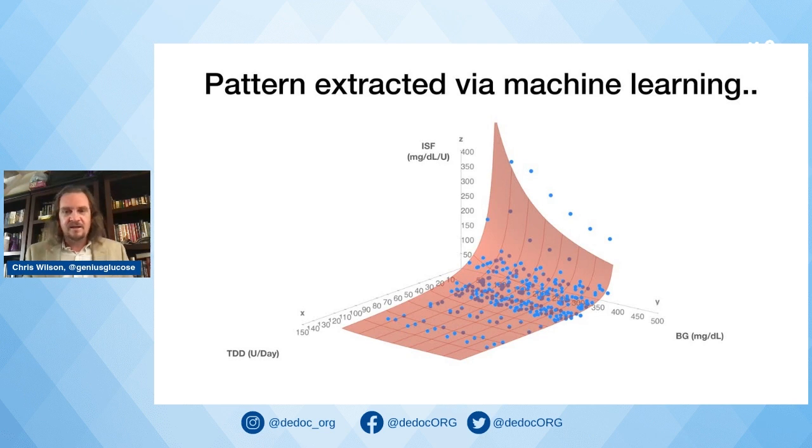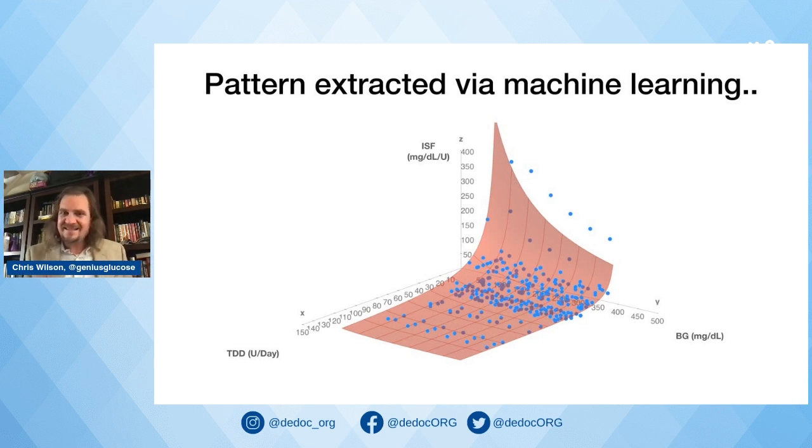They figured out if my blood sugar is 300, I need to give this number of units, if my blood sugar is 400, I need to give Y number of units, whatever. So looking at the underlying math, I fed it all into a machine learning system and figured out what pattern it had found. That's represented here in the red surface that you can see.